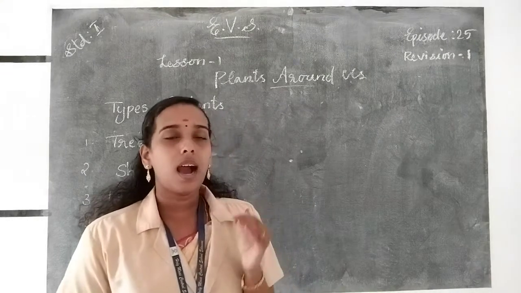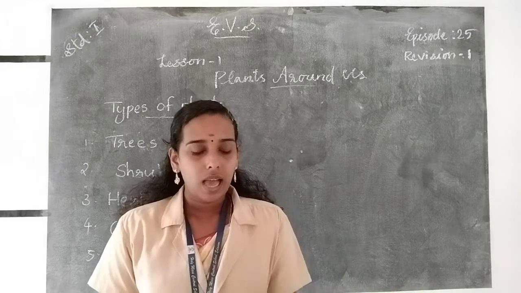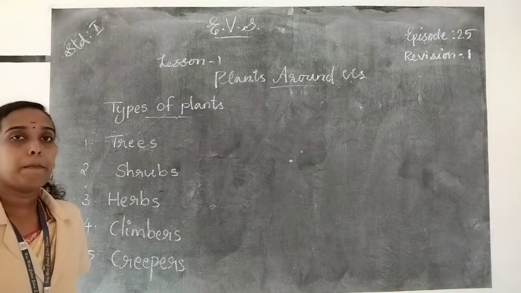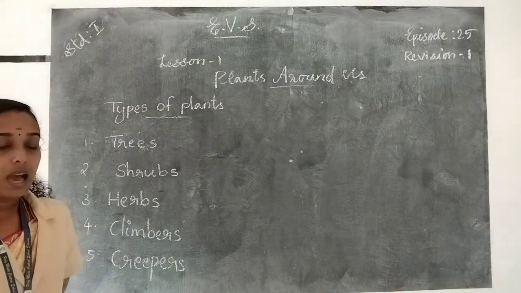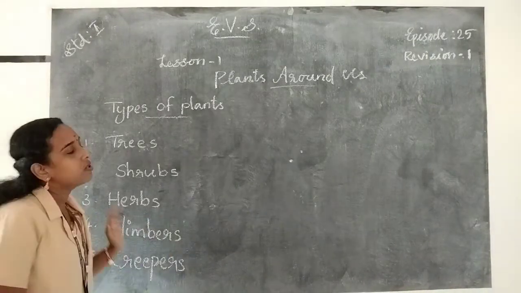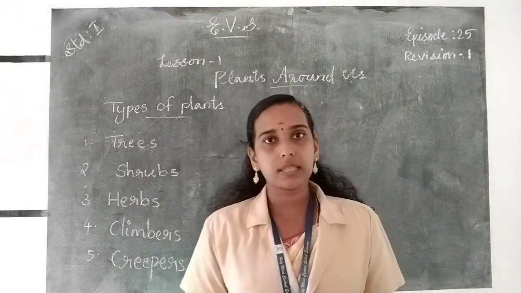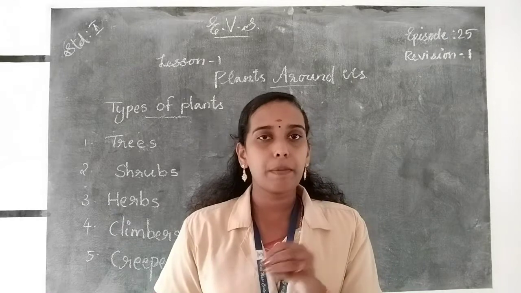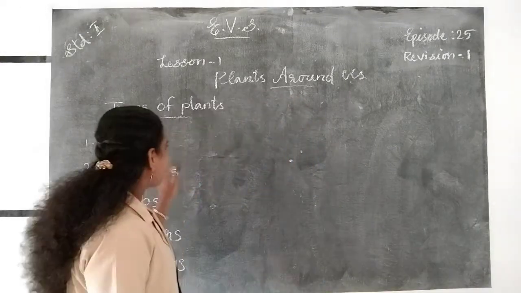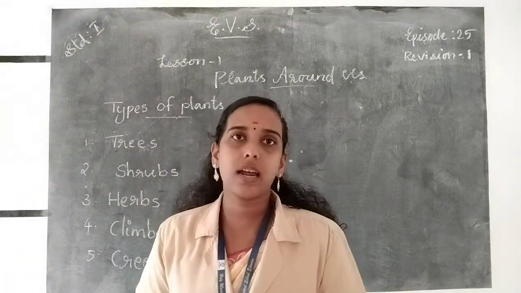Examples for trees are neem tree, pine tree, mango tree, apple tree, etc. So trees are very big, tall and strong plants, and the thick and woody stem is called its trunk.